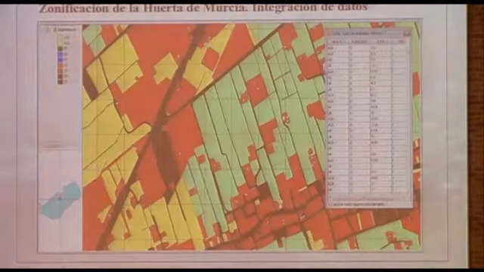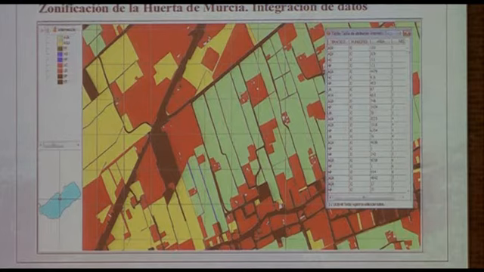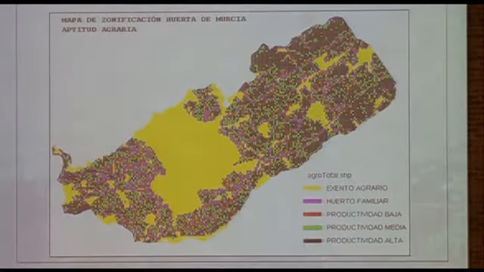So we are generating a grid to realize a raster treatment of that territory. And here we have a zoning of the territory to see what is the territory left without any use. In yellow, it's a territory that we have lost, that is not used anymore for agricultural uses.